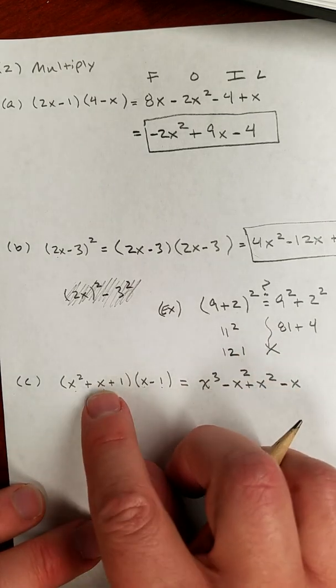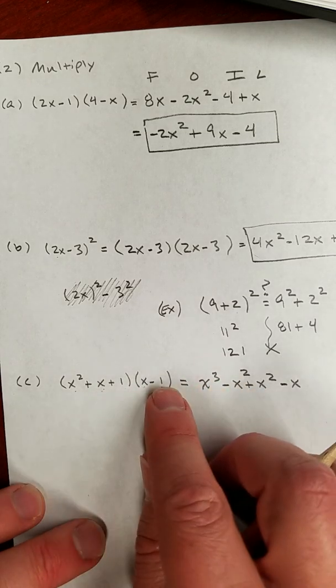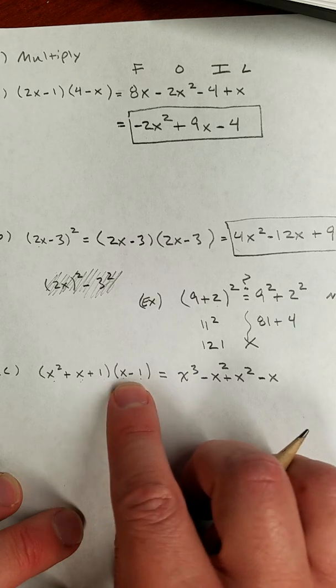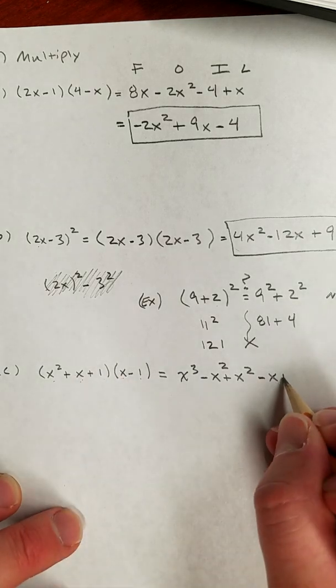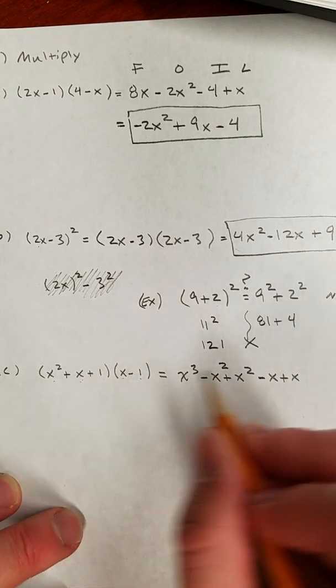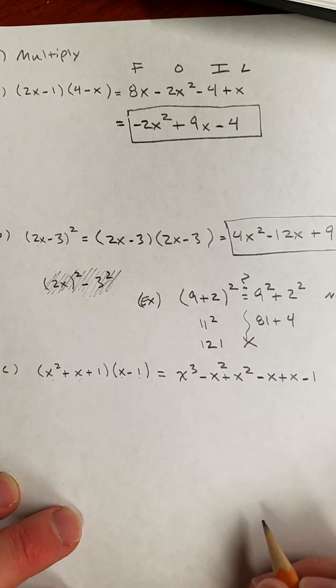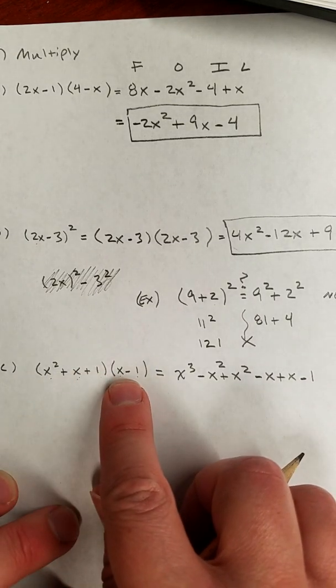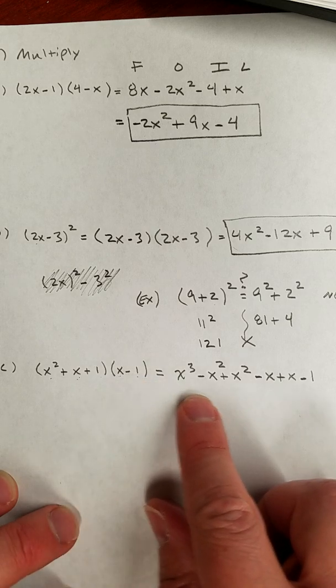I caught that. X times x, x squared. X times negative 1, negative x. Now 1 times both of those. 1 times x, x. 1 times negative 1, negative 1. So everything in there, one at a time, multiplied everything in here. And this is what we got.